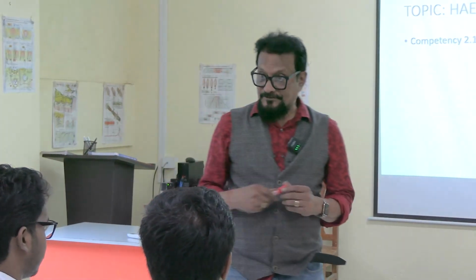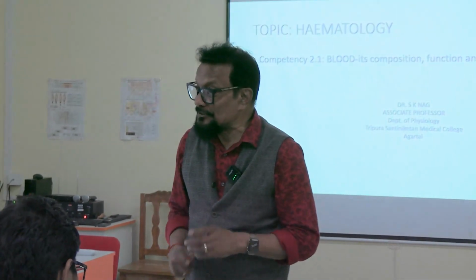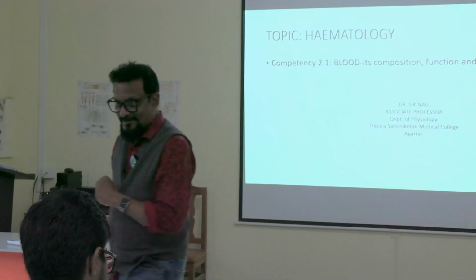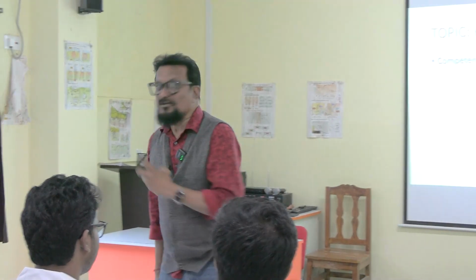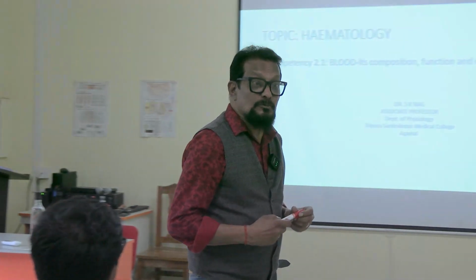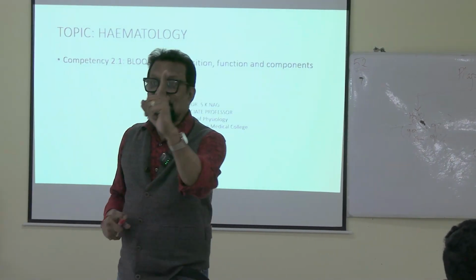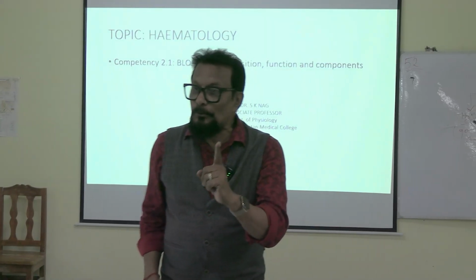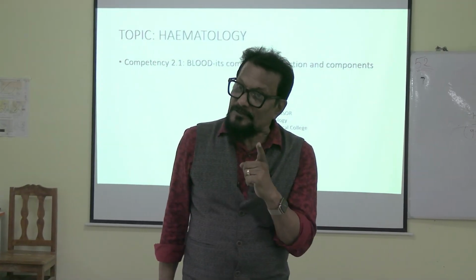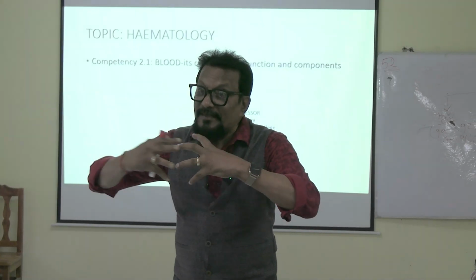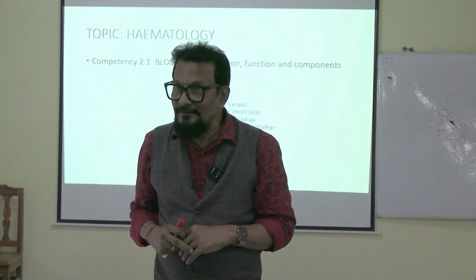Okay, so colloids, plasma proteins are colloids, and they exert a pressure while in a solution. And this pressure is called osmotic pressure. Always remember, whenever we talk about osmotic pressure, it means it will try to retain some water with it.